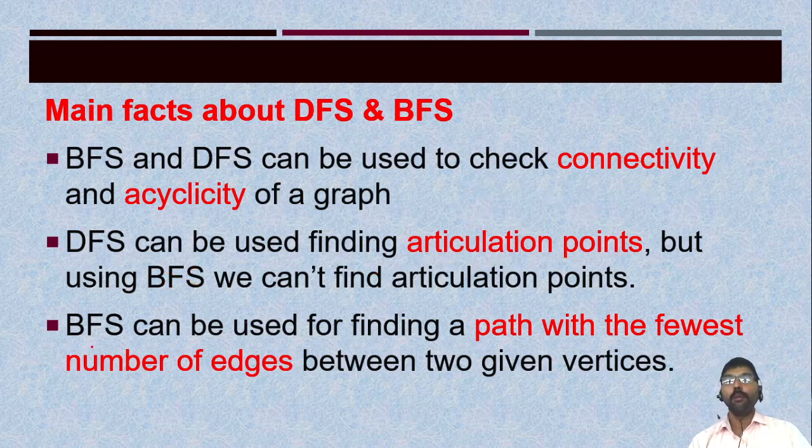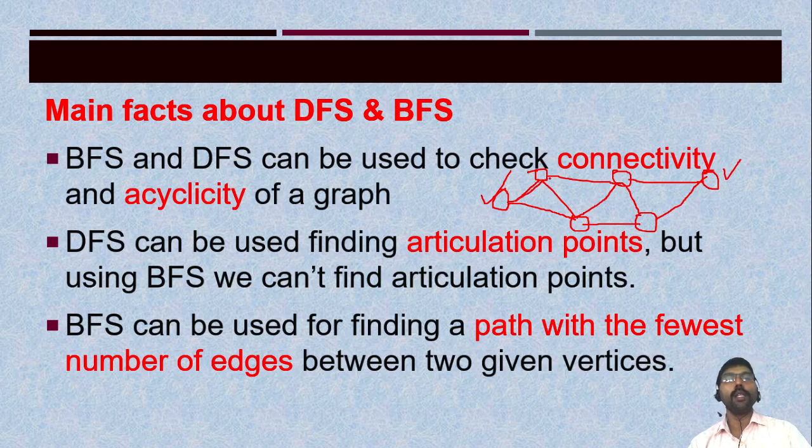Then BFS can be used for finding the path with the fewest number of edges. Now see, between this node and this node, I want to identify the minimum number of edges the path contains. There are many paths available between this source and this destination.